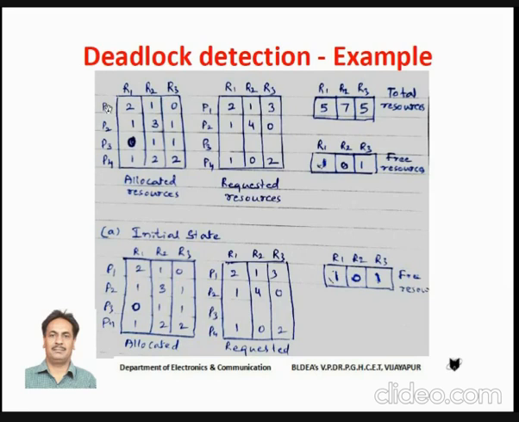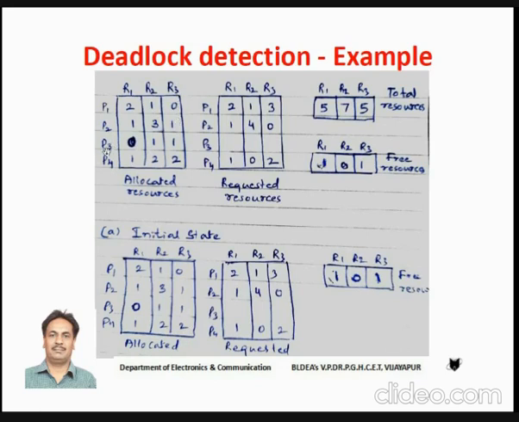And here we have written P1, P2, P3, P4. These are the processes. If you look at the first matrix, it indicates that process P1 is allocated two resources of R1 class, one resource of R2 class, and here we have written 0. That indicates that none of the resources of type R3 is allocated to P1. Similarly for P2, we have one R1 class resource, three R2 type resources, and one R3 type resource.